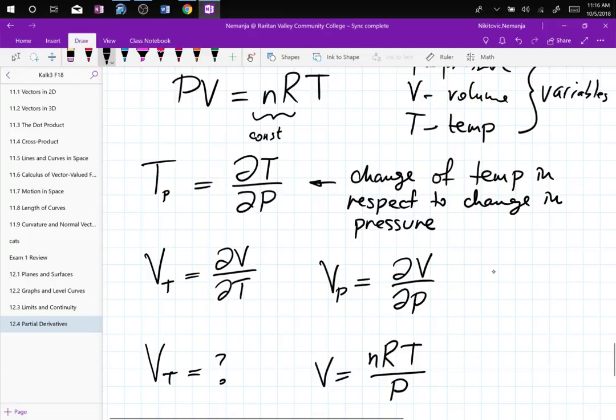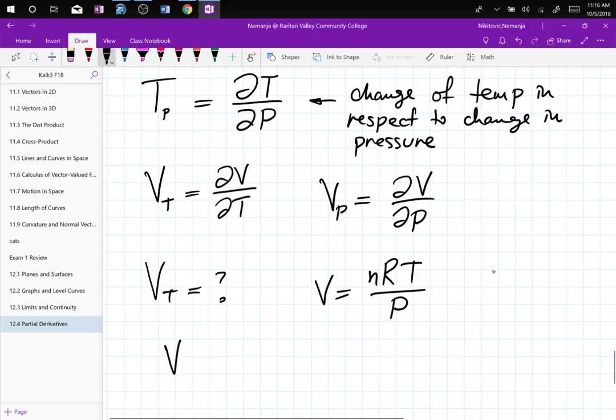So we have partial V, partial T is going to be nR over P. So whatever the pressure is at that time.